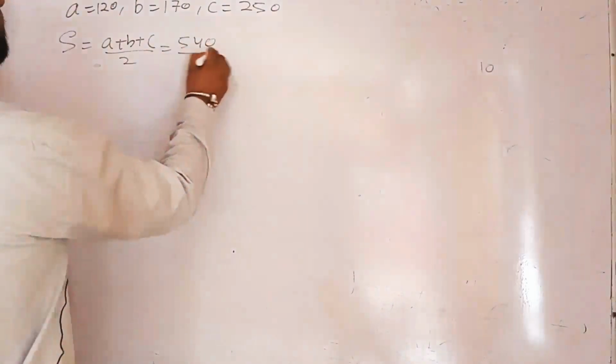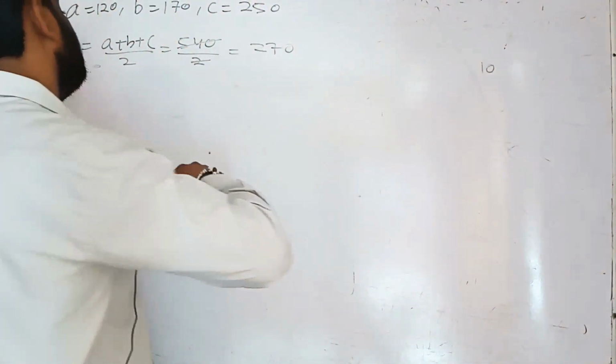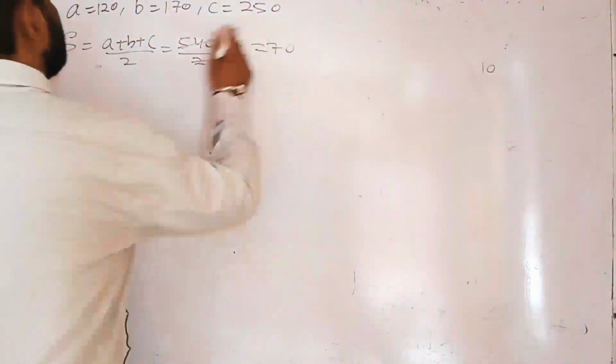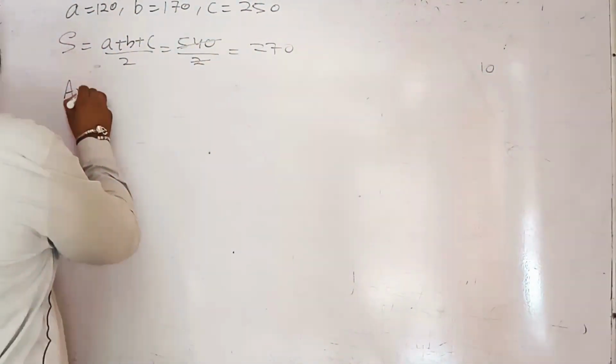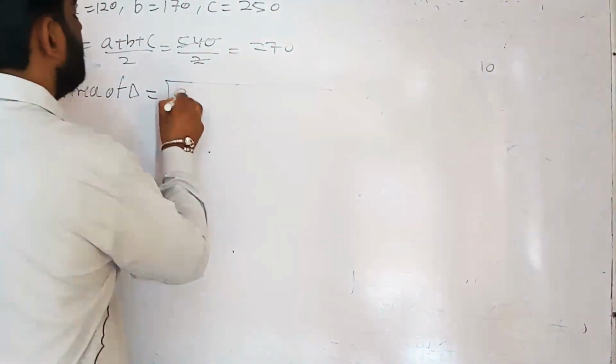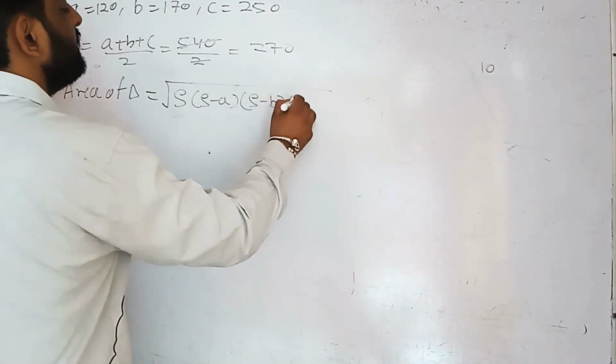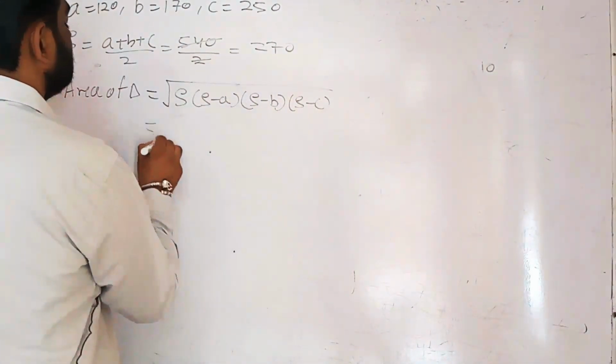That is already given the perimeter. If we simplify it, that is 270 is there. The area of triangle, it means under root S into S minus A, S minus B and S minus C.